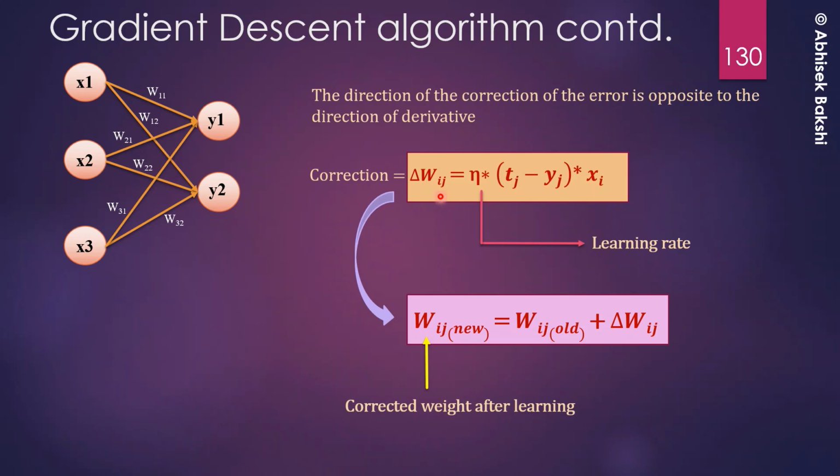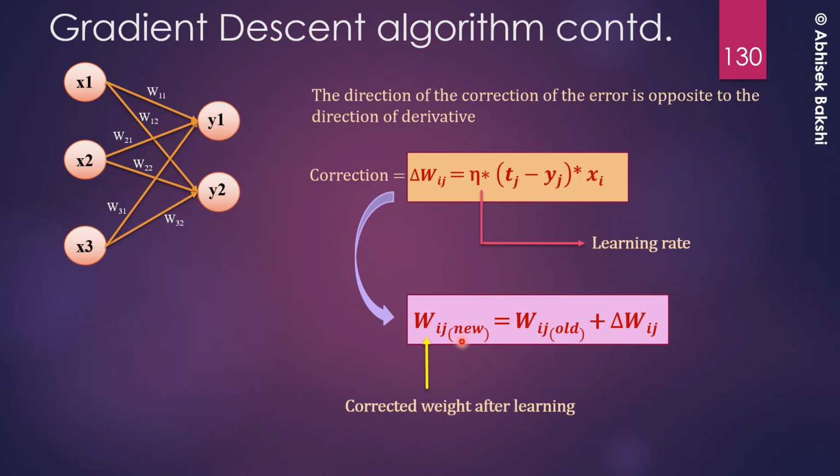Once you get this delta wij, you can simply add it to the present value of wij to get the new wij, and this should be my end goal.